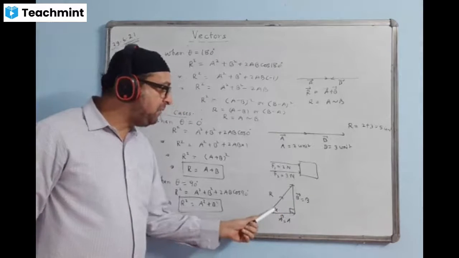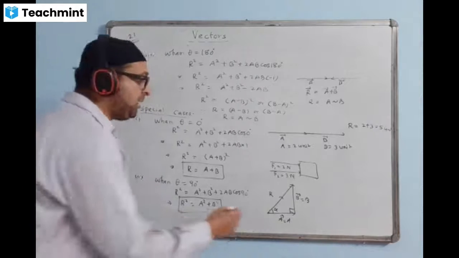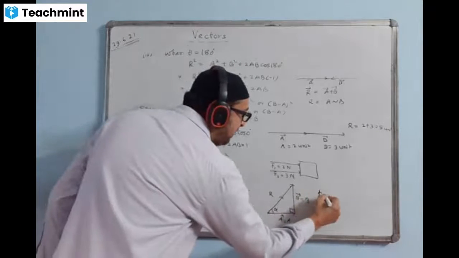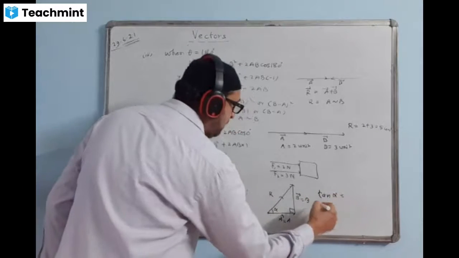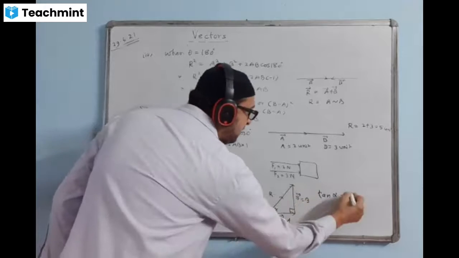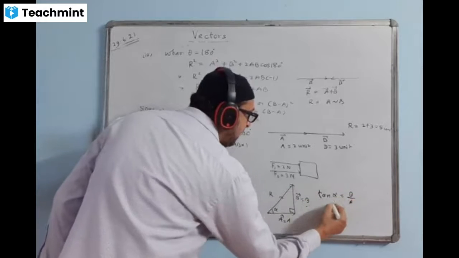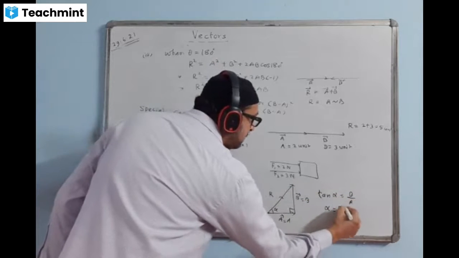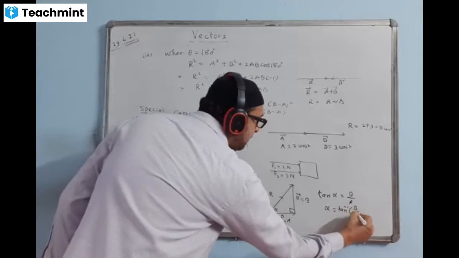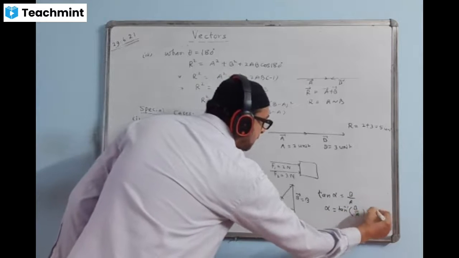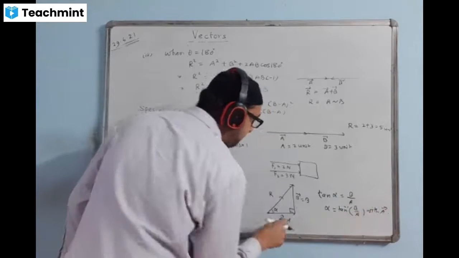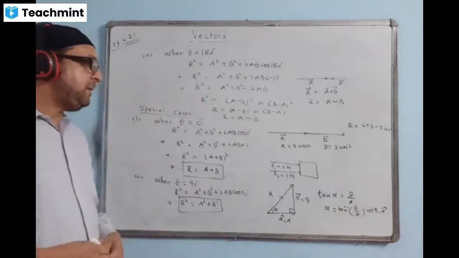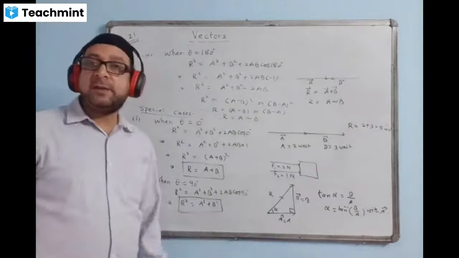Now in this triangle, tan alpha will apply. Tan alpha is equal to perpendicular by the base. We write B by A, and the alpha value will be tan inverse of B by A with the vector A. We'll mention that with the vector A. This will be the direction in this case when the angle between them is 90 degrees.